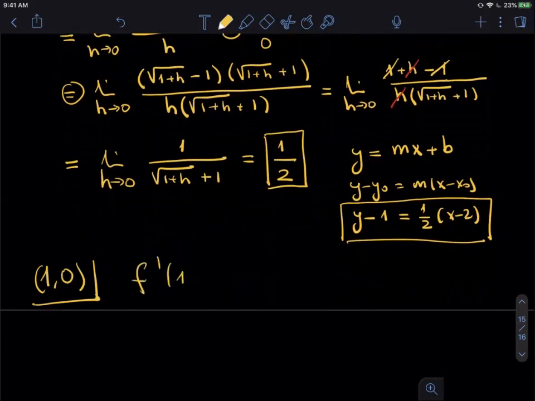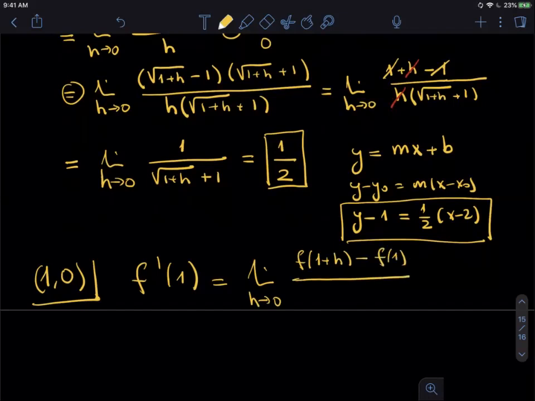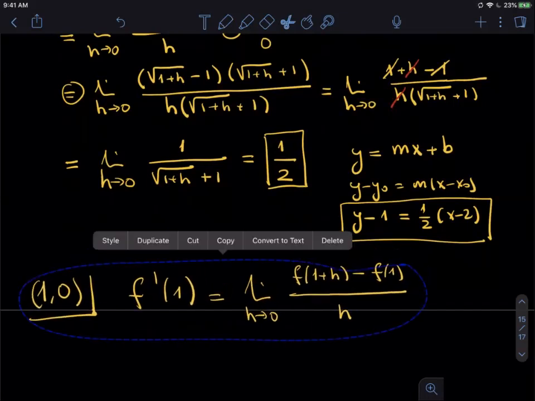So let's go ahead by the definition. The derivative of f at 1 is the limit as h goes to 0 of f of 1 plus h minus f of 1 divided by h. All right.